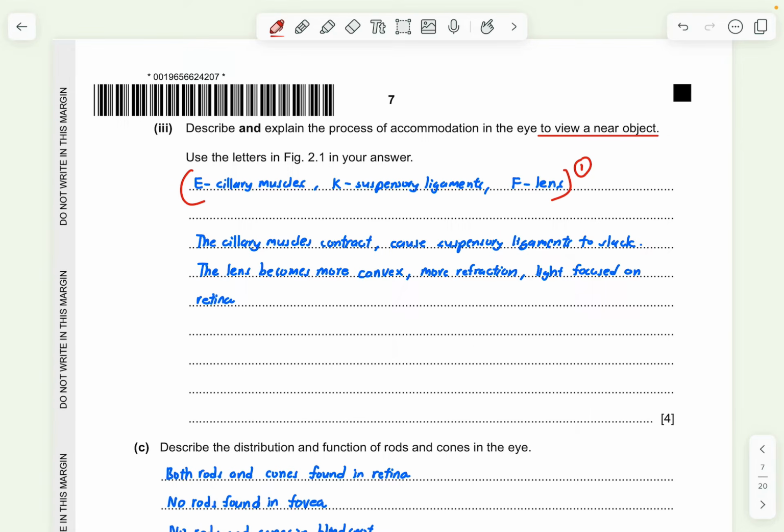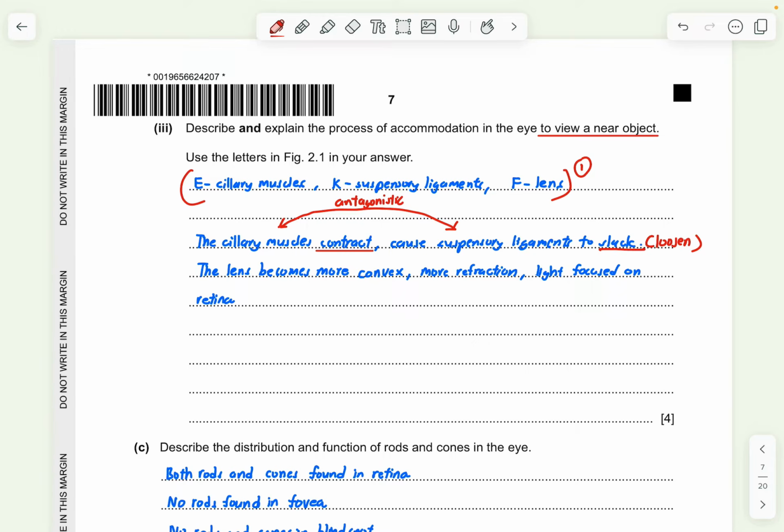So what happens during accommodation when viewing a nearer object? First, the ciliary muscles will contract. Then the suspensory ligaments will slacken, or loosen. It's very important that you know the ciliary muscles and the suspensory ligaments are antagonistic. One of them is always contracting while the other is relaxing.